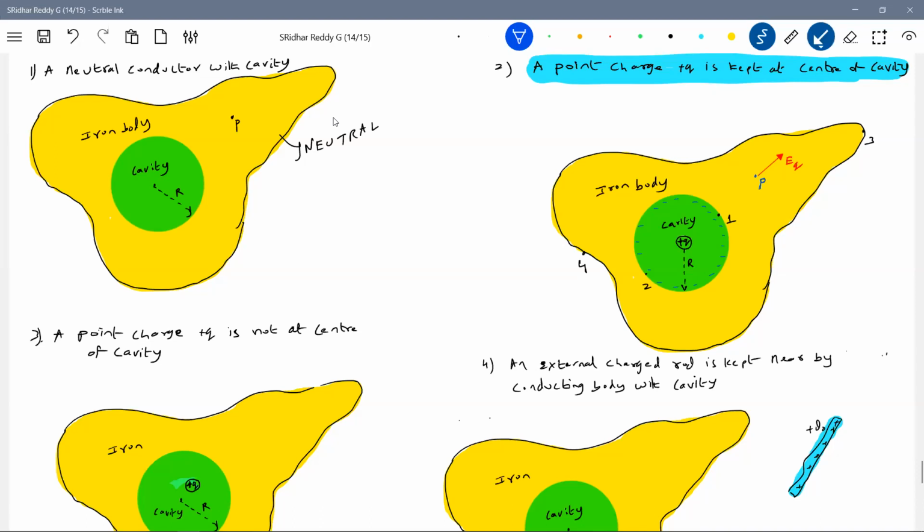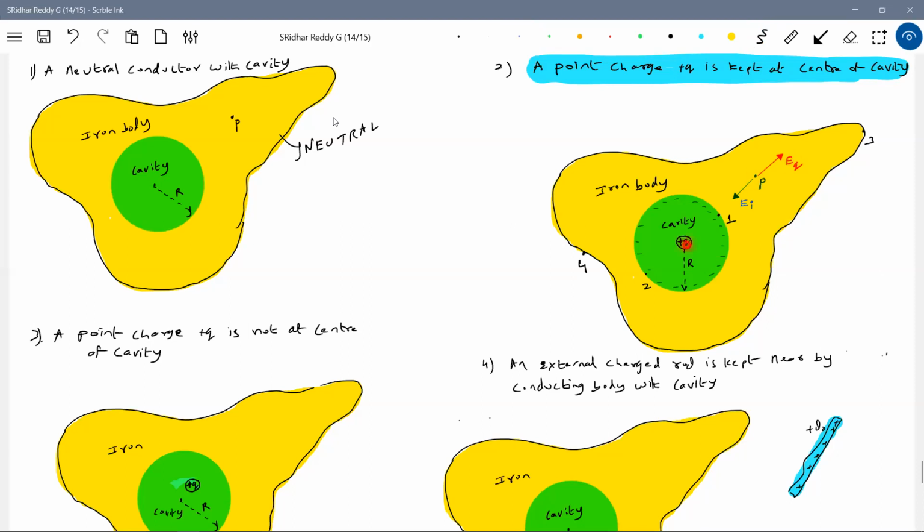And this induced negative charge will produce a field. So I'll write it as EI. Getting this one? So this is something very important. And the EQ, what is EQ?